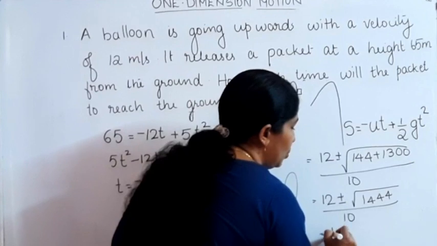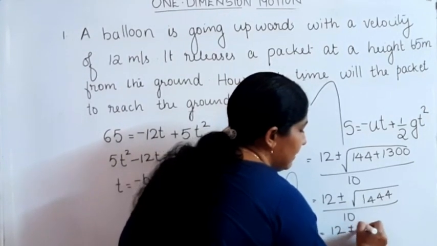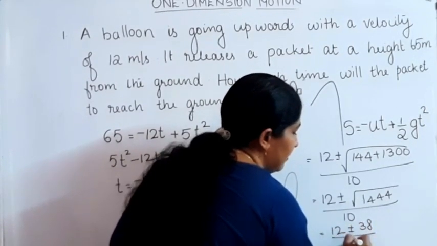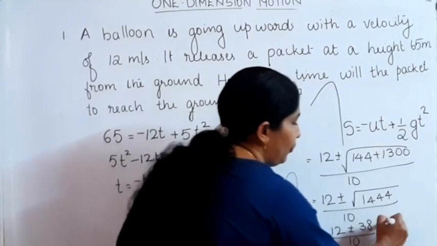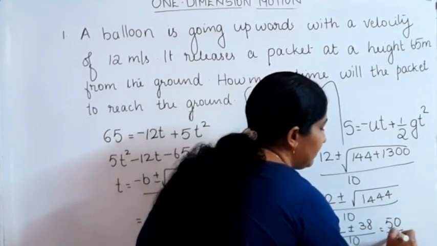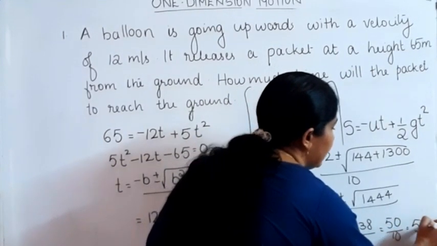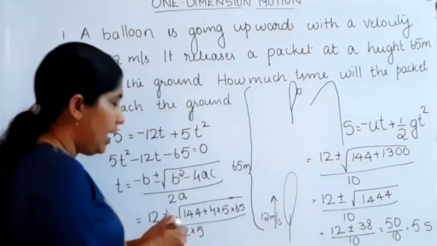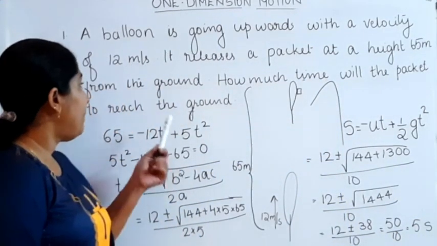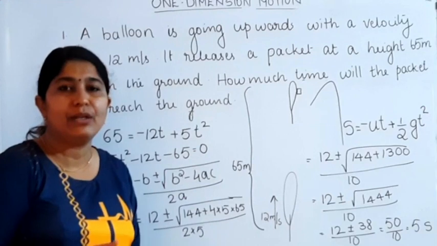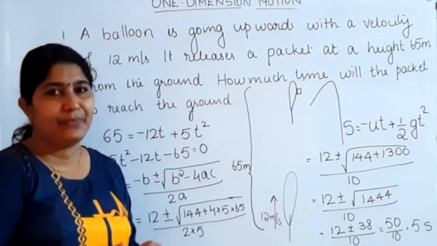It's equal to 12 plus or minus 38 divided by 10. That's equal to 50 by 10, equal to 5 seconds. Therefore, the time taken by the packet to reach the ground is equal to 5 seconds.